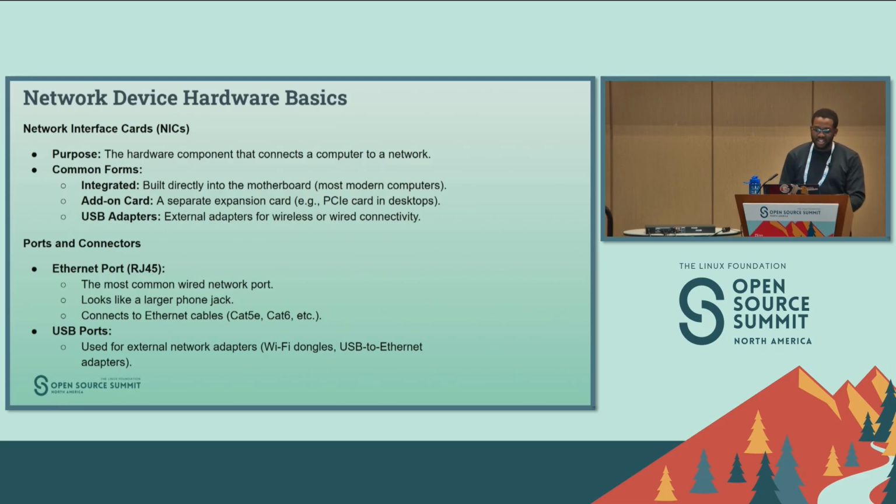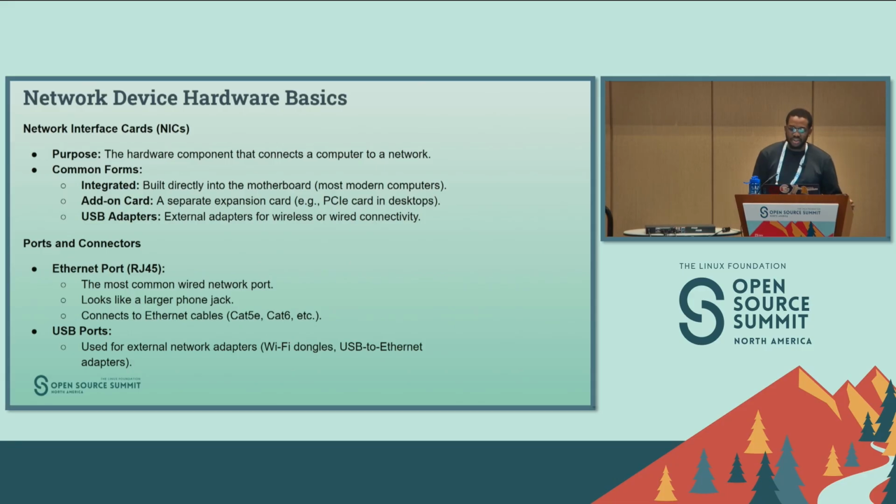Now, network device basics. For a device to get connected, to be network aware, it uses a network interface card, which can be integrated into the device or connected using a PCIe slot or USB dongle adapter.